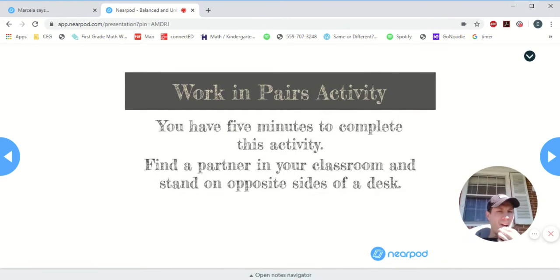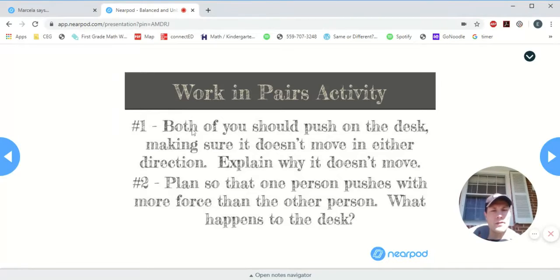I want you to find a partner. We can't do it in our classroom, so you're going to have to do it with a brother or sister. Find a chair or something that you can push and try this out. So the first time, you should both be pushing the desk, making sure it doesn't move in either direction. Explain why it doesn't move.